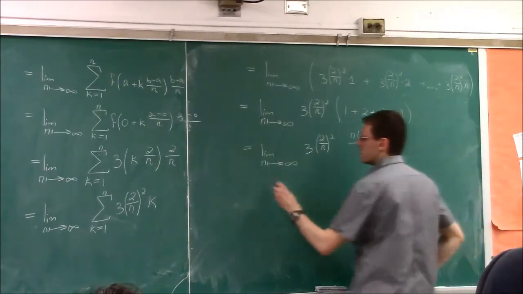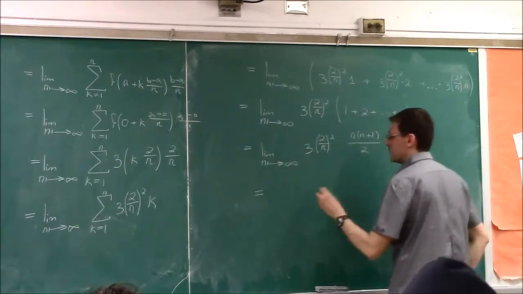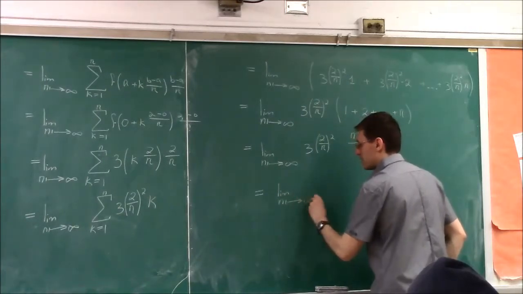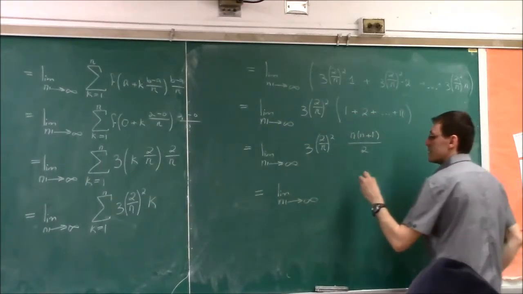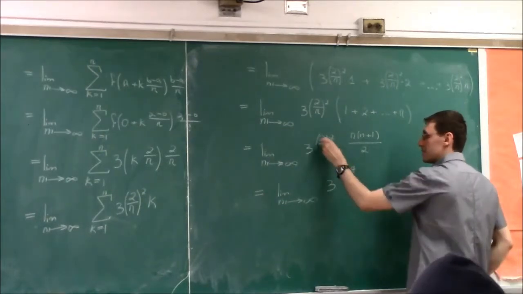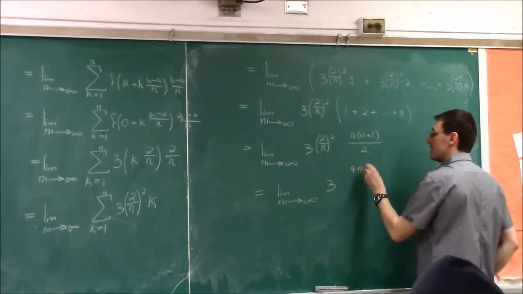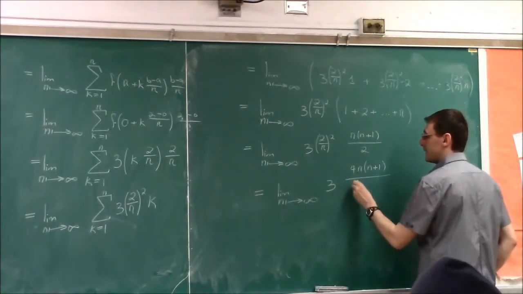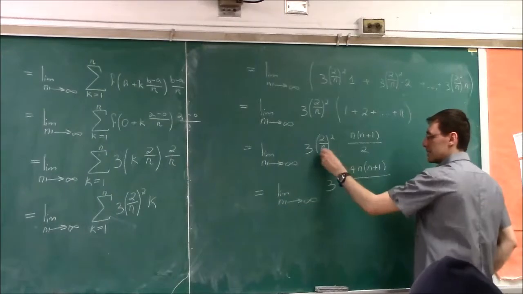So this is, let me possibly write it. Maybe some of you have questions that you just don't want to ask me. So this is like 3, and here we have the 2 squared, which is 4, times n times n plus 1 over 2 times this n squared.